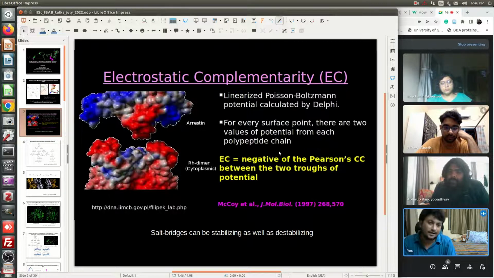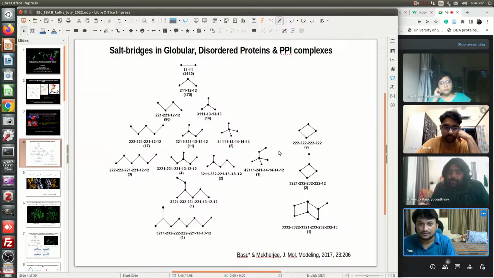Now our focus here is on salt bridges. My first work, which was my first paper as a corresponding author, tried to figure out the ionic bond networks within proteins, and this was a continuation of a numeric scheme previously applied to decipher the protein interior in terms of packing motifs.